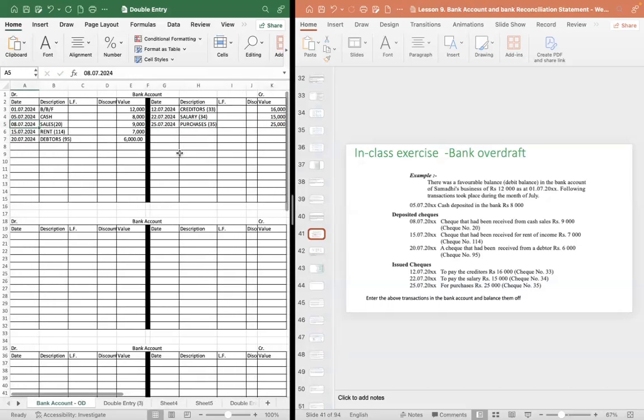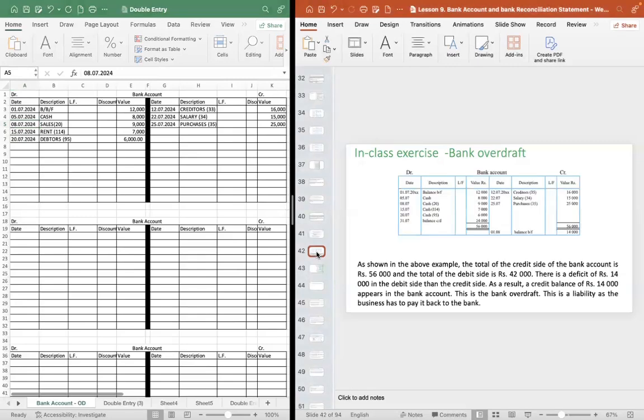Before balancing it off, we shall refer to the answer and see whether we have recorded everything correctly. Balance brought forward 12,000, cash 8,000, 9,000, 7,000, 6,000. Then creditors 16,000, salary 15,000, purchases 25,000. It's all good.